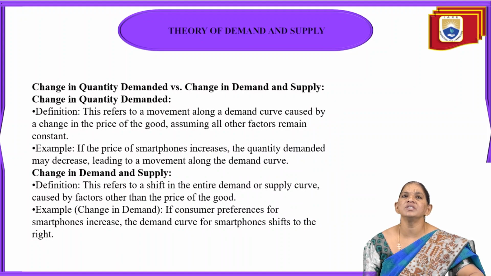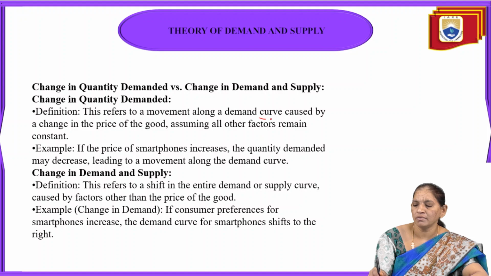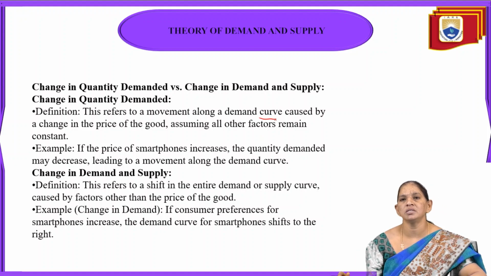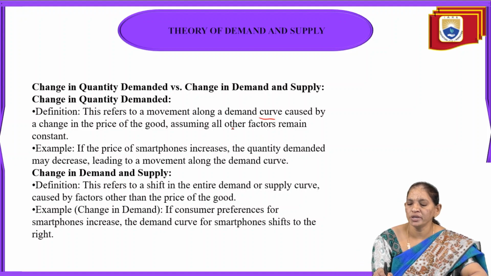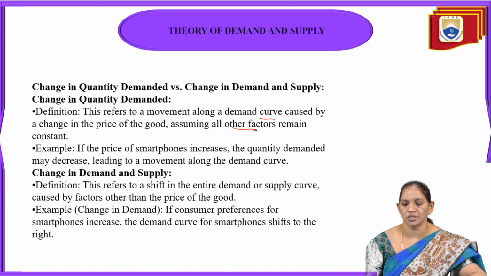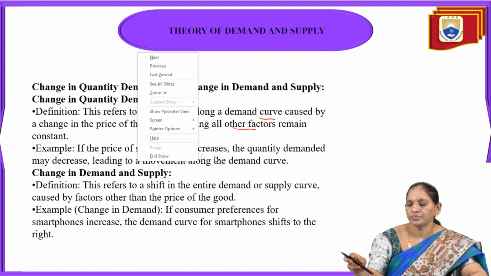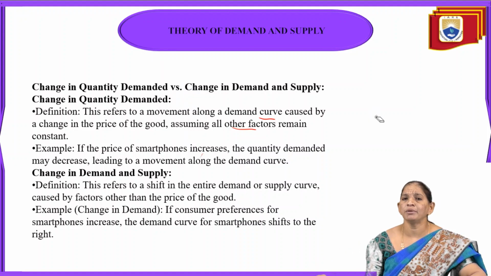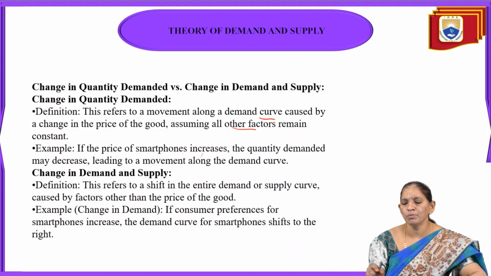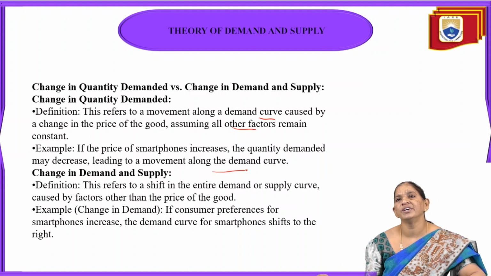So change in the quantity versus change in the demand and supply. A change in quantity means movement along a demand curve, caused by a change in the price of the good, assuming all other factors are constant. For example, if the smartphone's price increases, quantity demanded may decrease. It leads to movement along the demand curve.